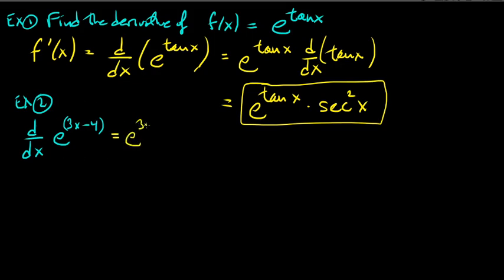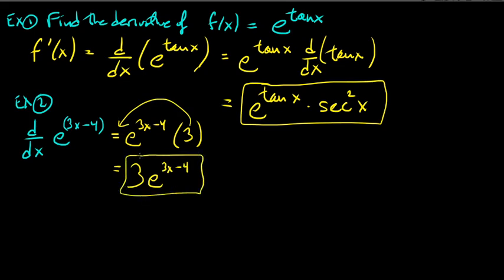This is just e to the 3x minus 4 times the derivative of 3x minus 4, which is just 3. And we should really bring the 3 in front. It looks better like this. So 3 times e to the 3x minus 4. So not hard.